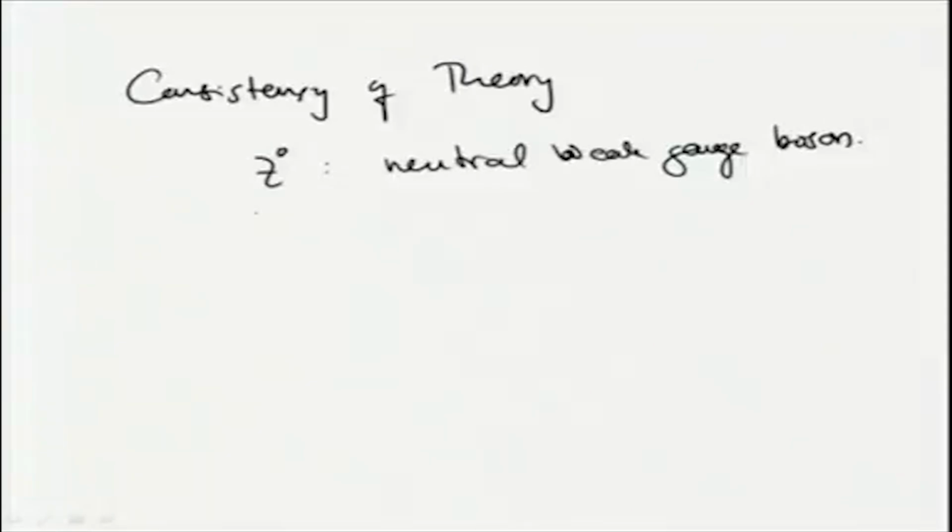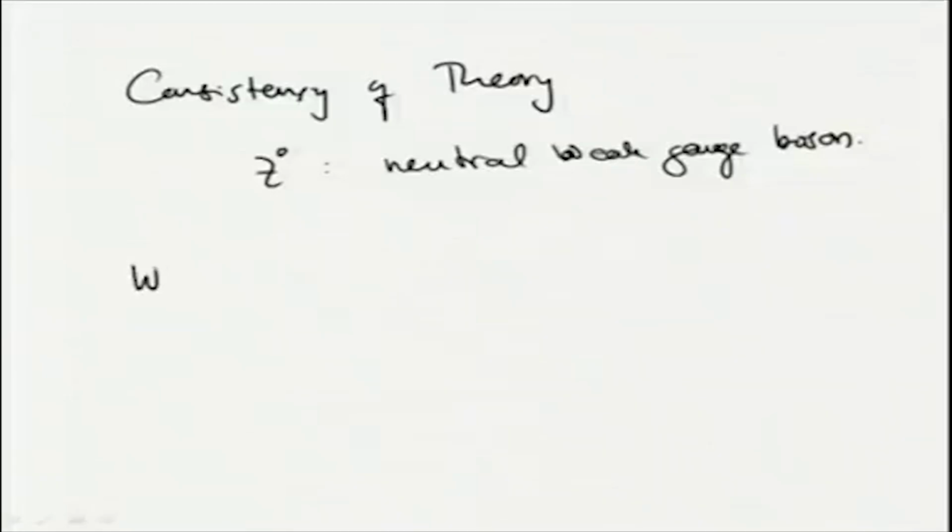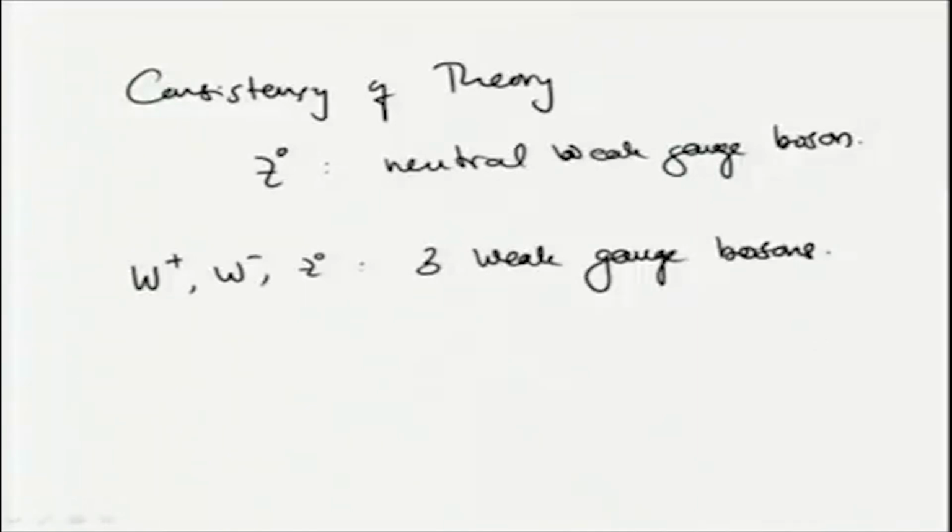This was in fact a prediction of the theoretical framework, the standard model. We will come to that in a little while when we actually discuss the formal framework. So, we have here W plus, W minus and a Z0, 3 weak gauge bosons. Right. One is a neutral gauge boson, the other two are charged.